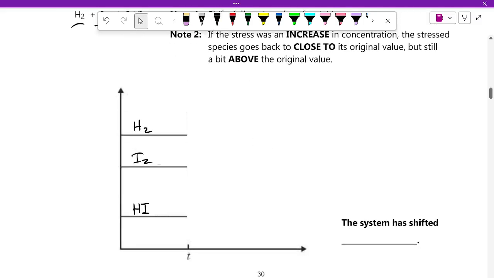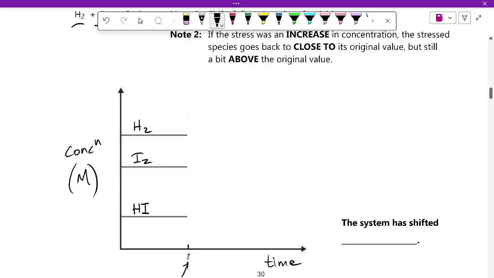This is a concentration graph. What goes on the y-axis? Concentration. Shocking. What's the unit? Molar. What goes on the x-axis? Time. And at time t, what did we do?